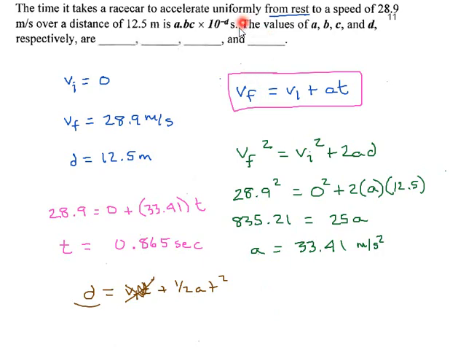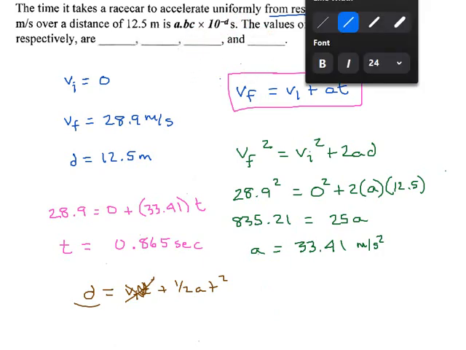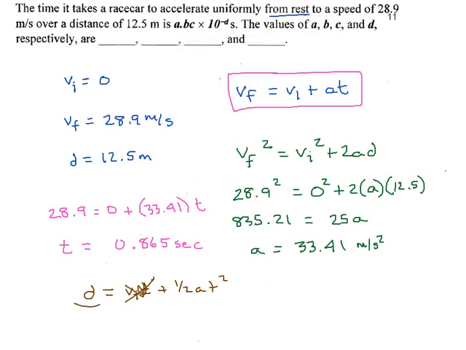Now, this is a numeric response, and let's look at how they want us to do this because it's kind of an odd request. They basically say they want the answer in scientific notation. So we had 0.865. If we turn that into scientific, we would move this decimal one step to the right, and that would give us 8.65 times 10 to the minus, we only moved one step, so it's times 10 to the minus 1 seconds.